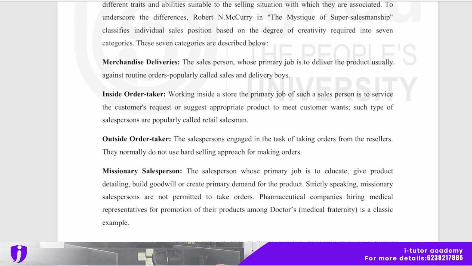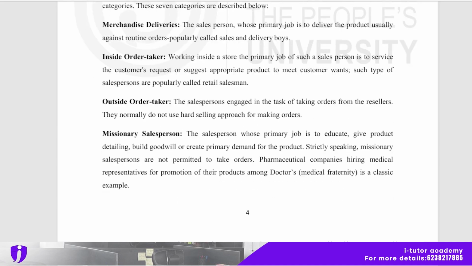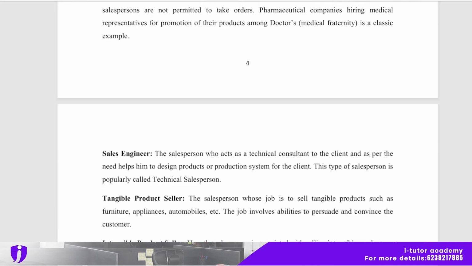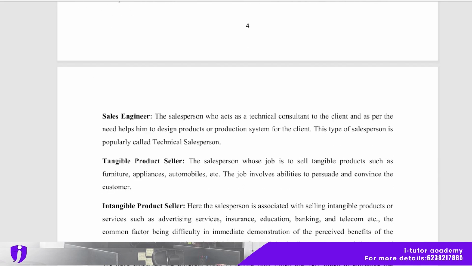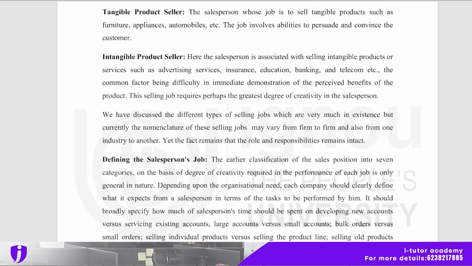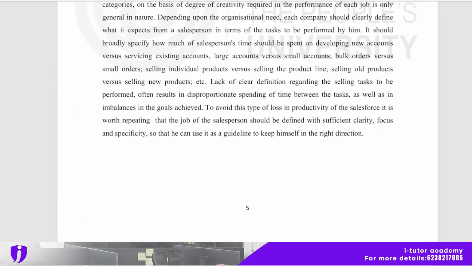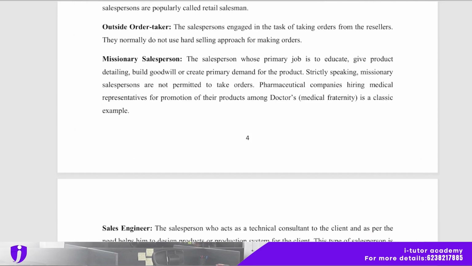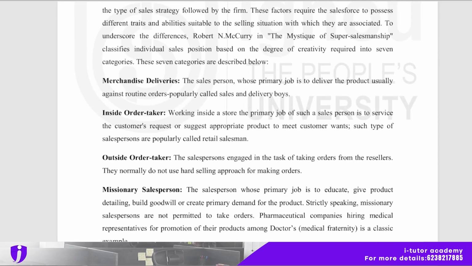What are those 7 categories? One is merchandise deliveries, inside order taker, outside order taker, missionary salesperson, and sales engineer, tangible product seller, intangible product seller, and define the salesperson's job, etc. Okay, so these are the 7 categories.